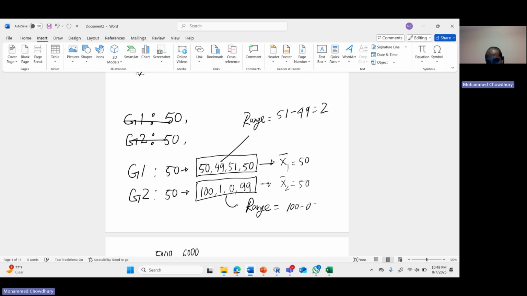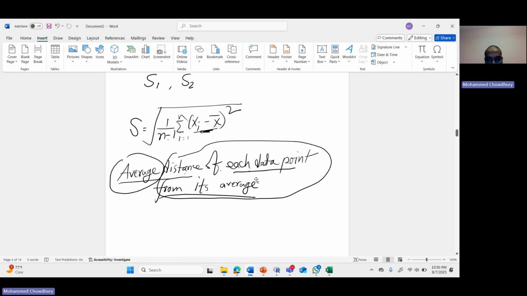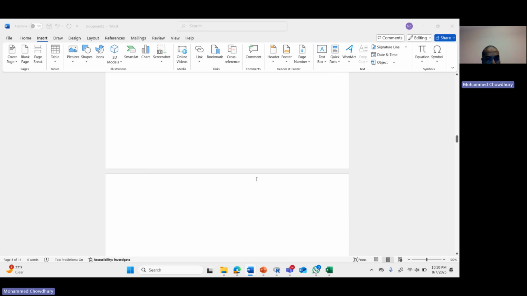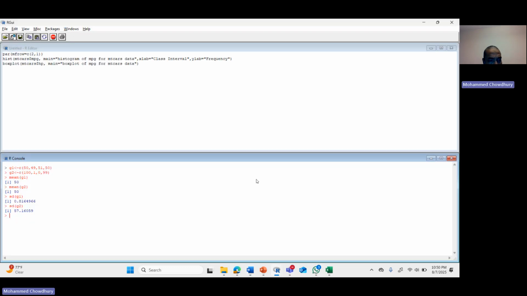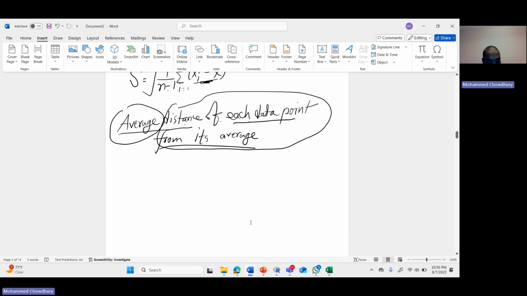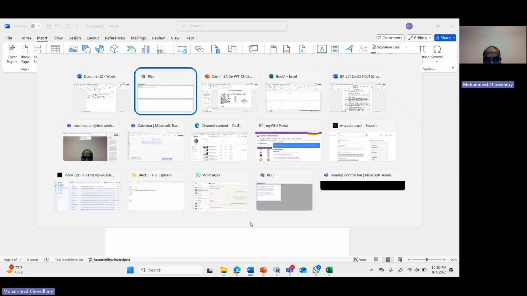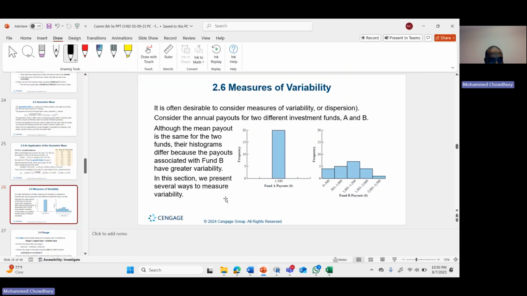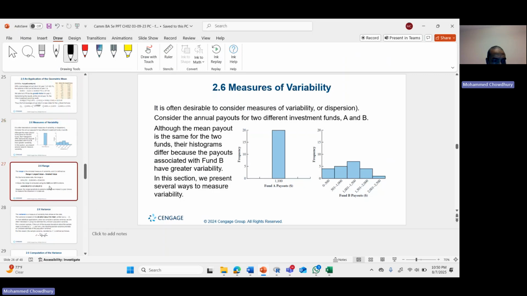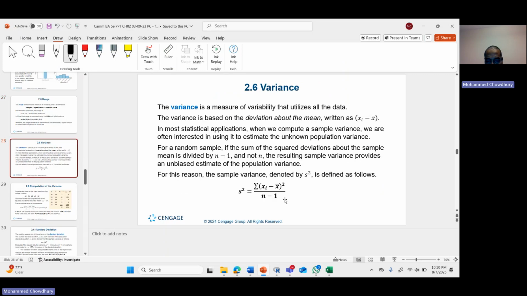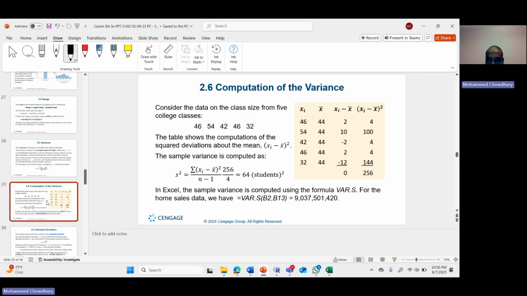For the other group, 100 minus 0 equal to 100. This is what we have found. After that, let me see the measures of variability. I have explained those things to you. I have explained range. Variance is just the square of the standard deviation.